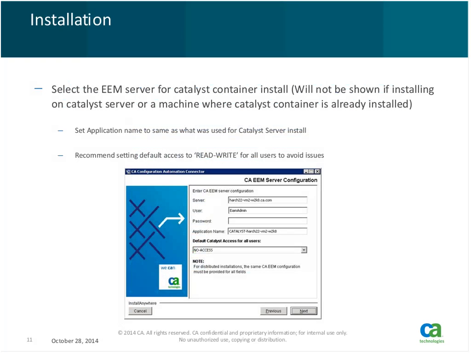When you are installing Catalyst server, it will ask for the EEM credentials. So you need to enter the EEM username and password. Here for access, we need to select read and write. This is recommended.